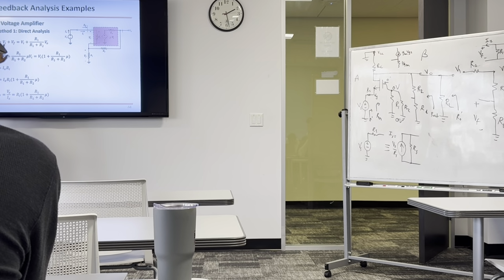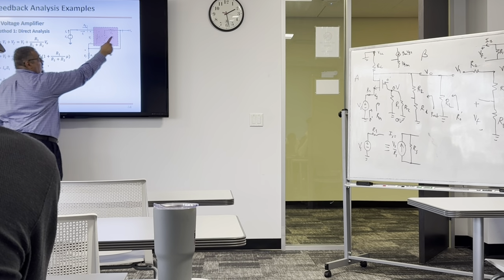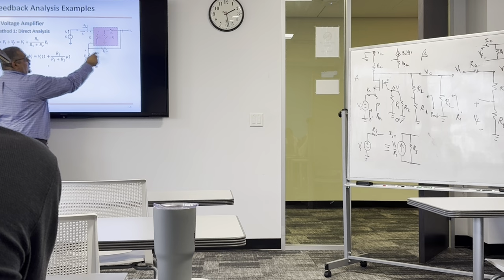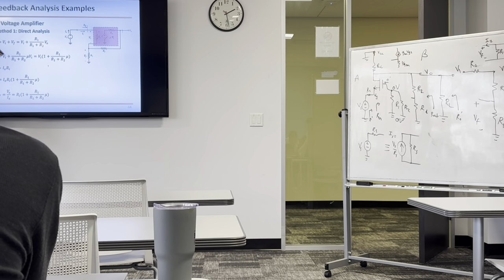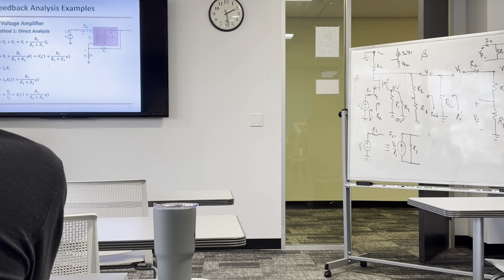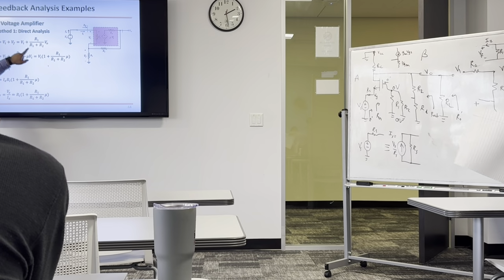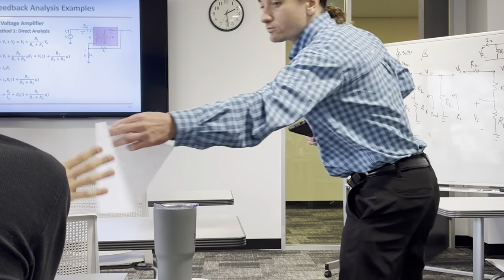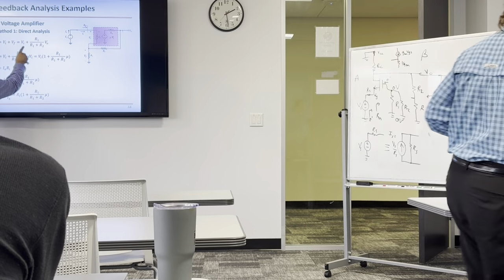KVL: Vi plus Vf. But we know that Vf is V out times R1 divided by R1 plus R2, which is a voltage divider, assuming that Ri is much larger than R1. Still, the assumption of no loading still exists. So this is Vx. Now we can see that Vx is a function of Vi and V out.